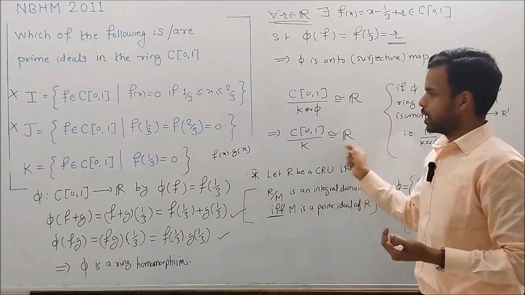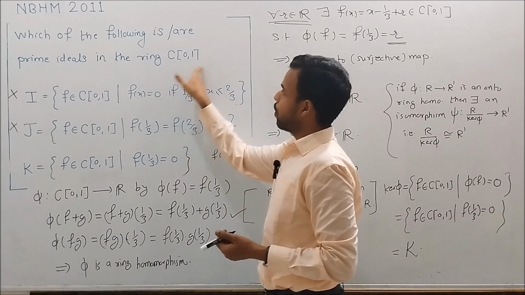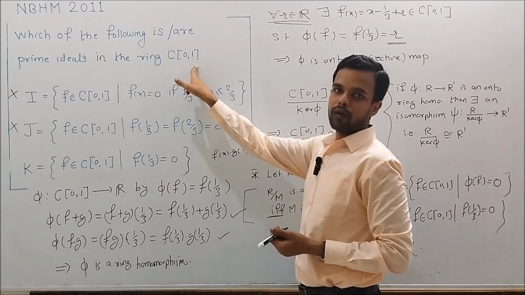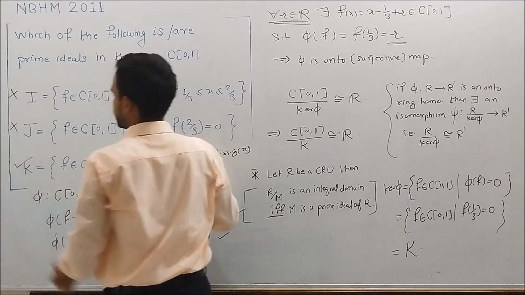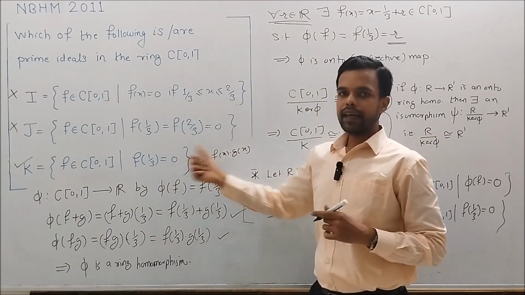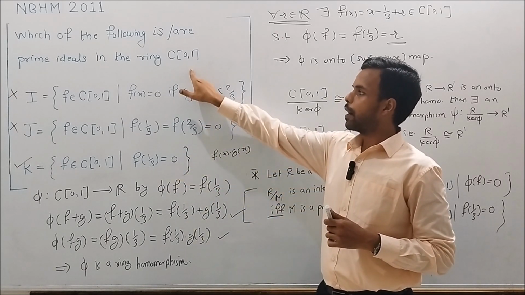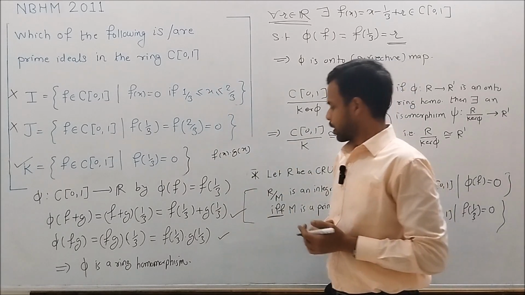So from here we get that the ideal K is a prime ideal. So this is the required ideal. So the answer to this question is that the ideal K is the required prime ideal of the ring of continuous functions over the closed interval [0, 1].